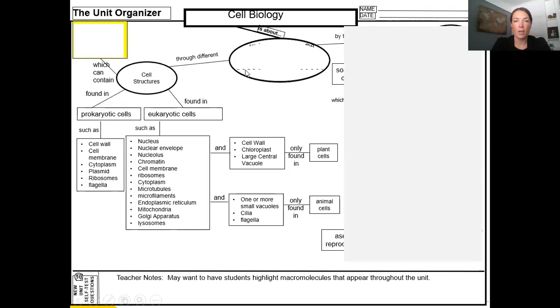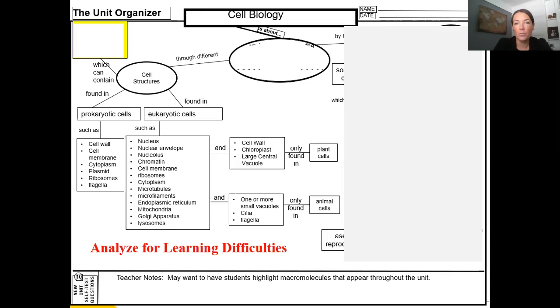Next, I go back to my unit organizer and I analyze for learning difficulties again. So now I'm looking here and I know that students often struggle with comparing and contrasting the prokaryotic and eukaryotic cells, in addition to the plant and animal cells. Knowing that, I then decide to use another content enhancement routine called the concept comparison routine.